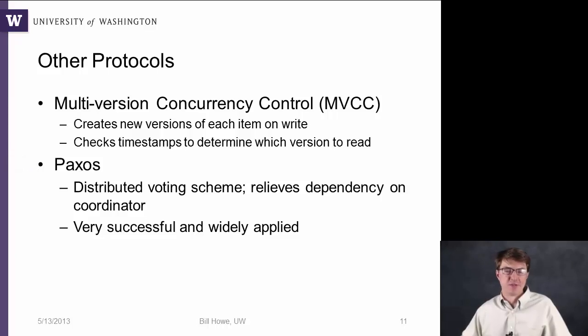And so this relieves the dependency on having a central coordinator, but is still synchronous and still has the potential for deadlock and can take some amount of time to reach consensus depending on what's going on and what kind of failures are happening. And so it's difficult to guarantee very high performance and very low latency response times.